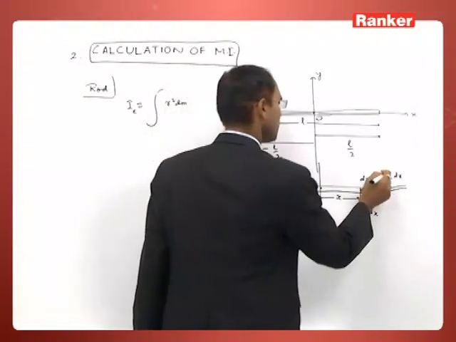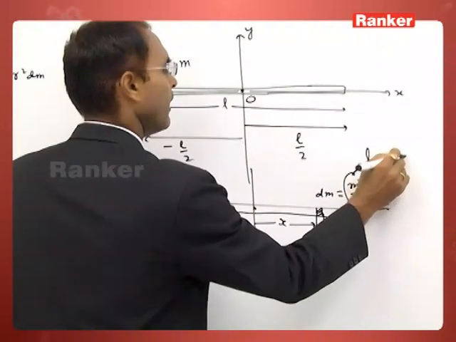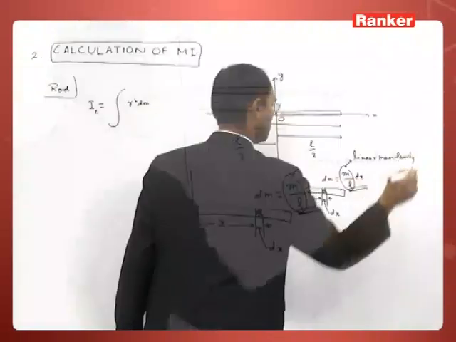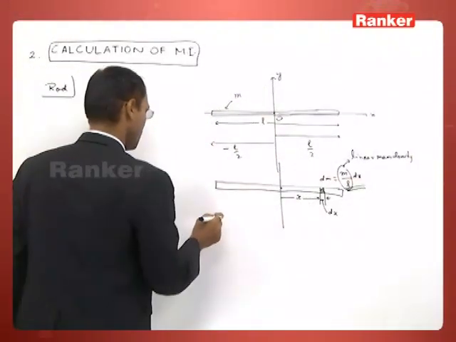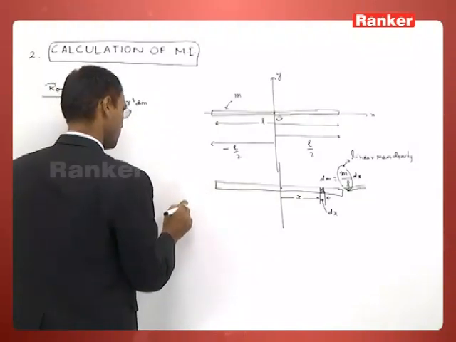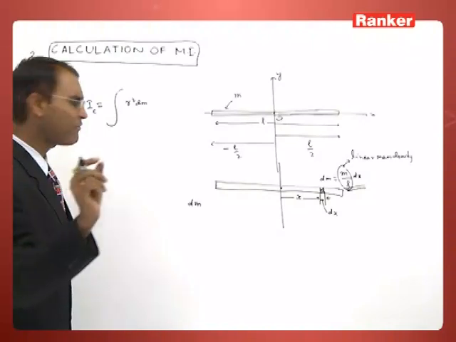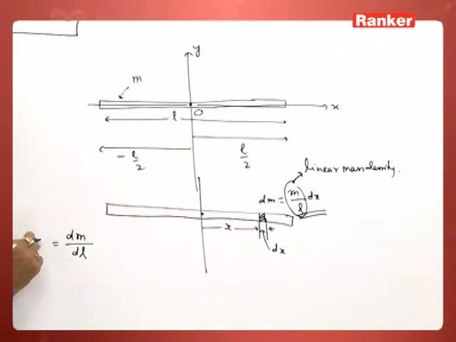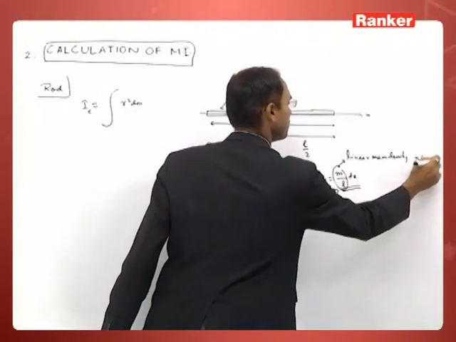Sometimes we call this the linear mass density, which is defined as the mass of a small portion upon its length. This is called linear mass density, given by lambda or sometimes mu in some books.